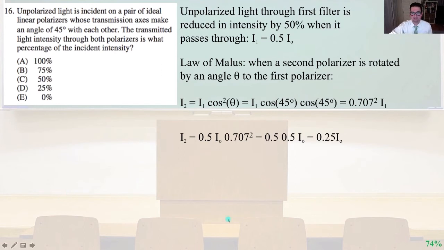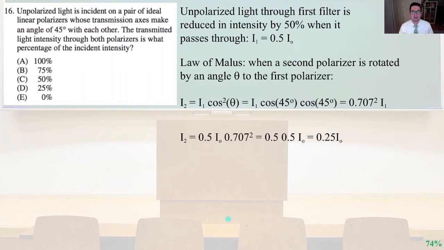So the law of Malus: when the second polarizer is rotated by an angle theta to the first polarizer, I2 equals I1 cosine squared theta. So I2 in our case is going to equal I1 times cosine 45 degrees times cosine 45 degrees. Cosine of 45 degrees, you kind of got to know your unit circle. We'll get into that later as well throughout the exam. 0.707 is the cosine of 45 degrees, so that quantity squared times I1.